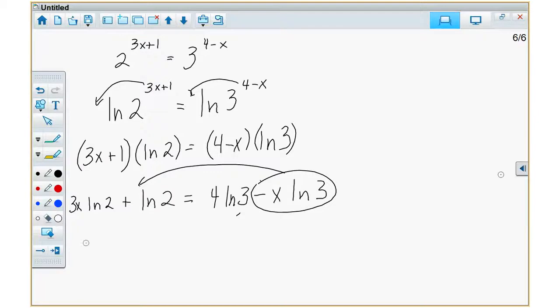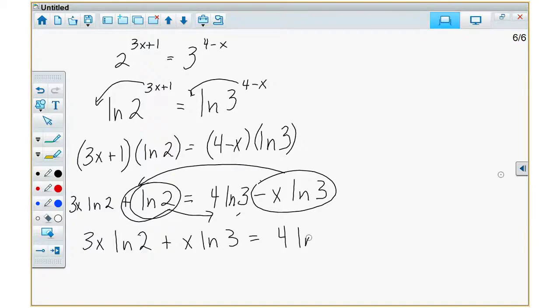So that's going to be 3x times the natural log of 2 plus x natural log of 3 is equal to, I'm going to bring this positive over here, and that's going to be 4 natural log of 3 minus natural log of what? 2.